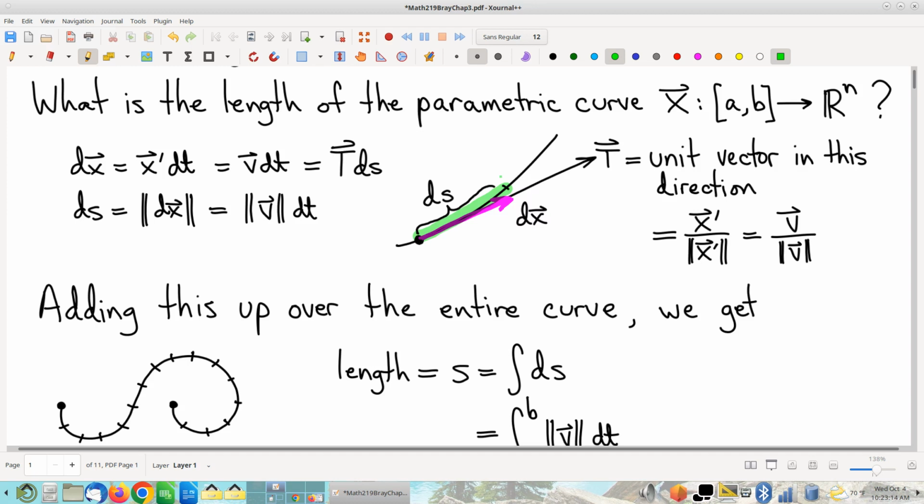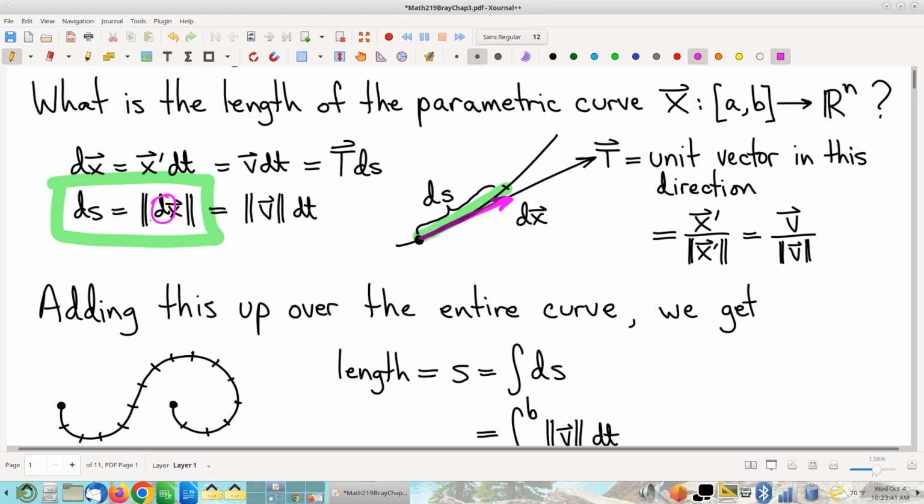And basically ds says how much, as you move over that little piece of curve, how much has your total distance traveled increased. So the big idea here, what I hope is an easy pitch, is that ds is the magnitude of the dx vector. Right, and I think the picture makes that pretty believable, right?